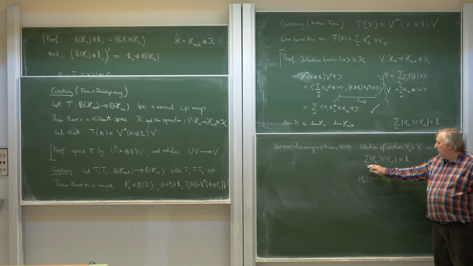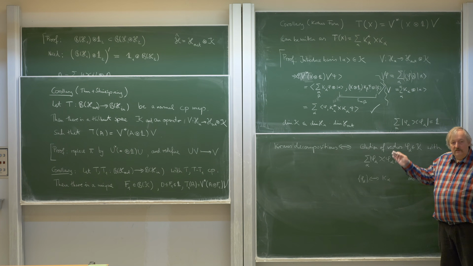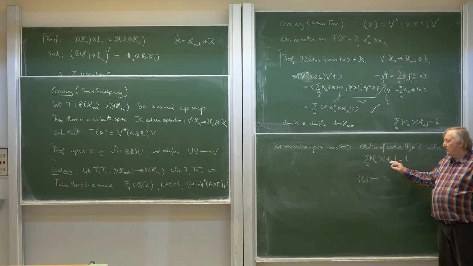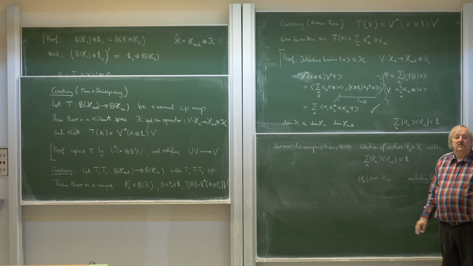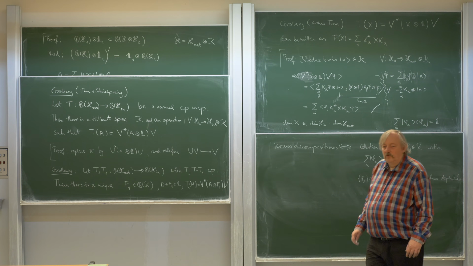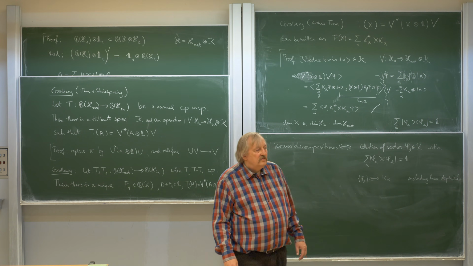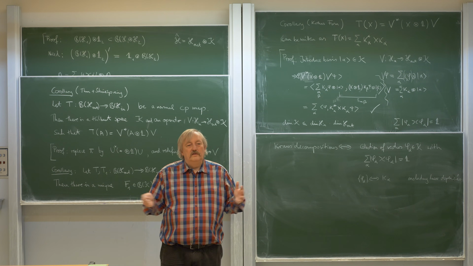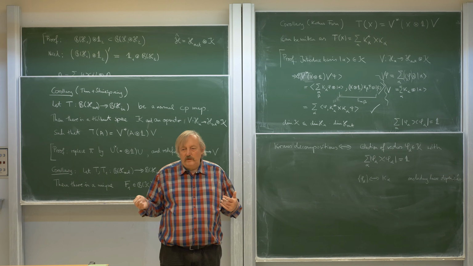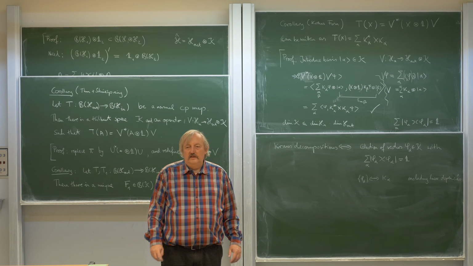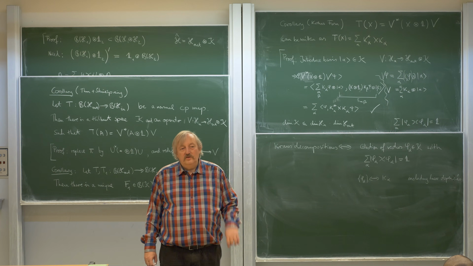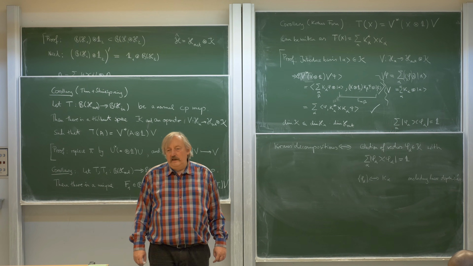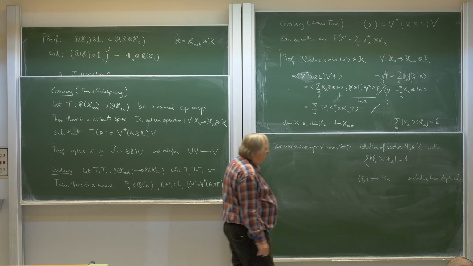Whenever you take an overcomplete system here, so more vectors than a basis, then some of the vectors can be expressed as linear combinations of the basis vectors, which means that the corresponding Kraus operators also have this property. So the set of Kraus operators would not be linearly independent. So if you have your collection of Kraus operators, your channel is maybe given in this form, then throw away everything that you can express in terms of the other ones. That's a linear combination.